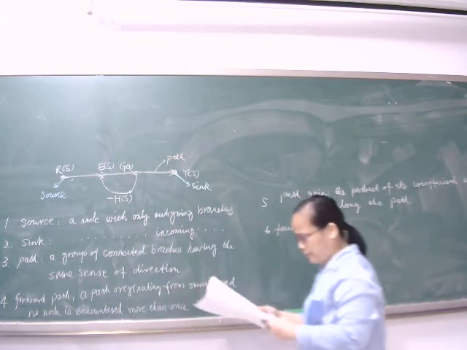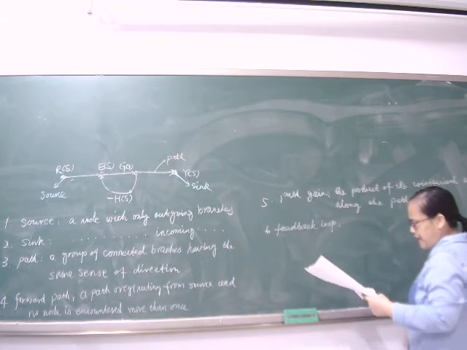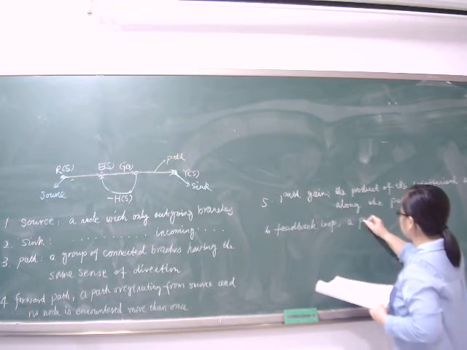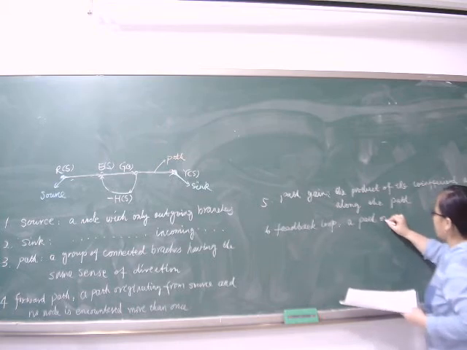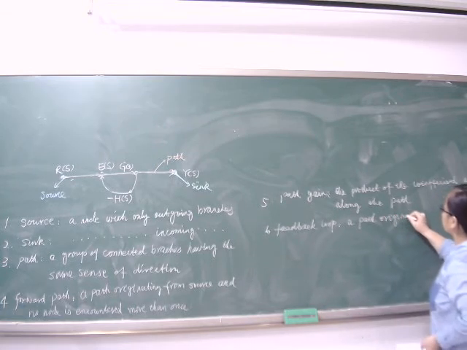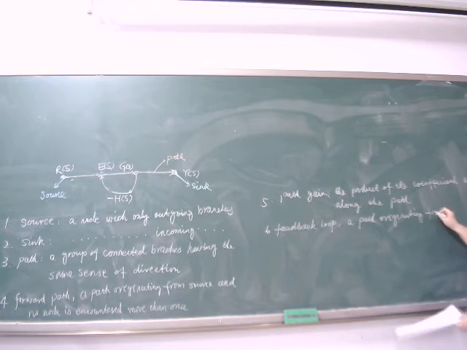Now a feedback loop is also a path originating from a node and terminating at the same node.